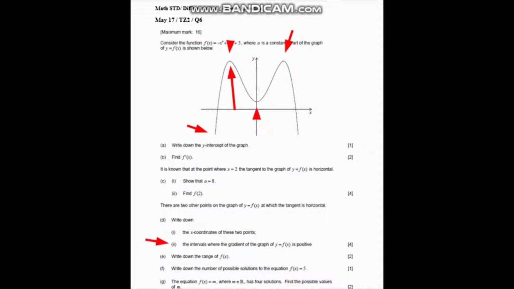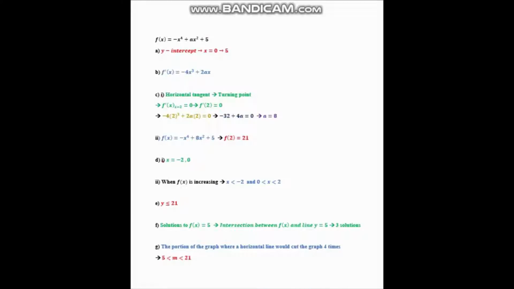Because at these points, the function is neither increasing nor decreasing, because these are turning points. The slope is neither positive nor negative. So take a look at the answers that we've reached so far. We said that the points exist at negative 2 or 0, and the intervals are as follows.